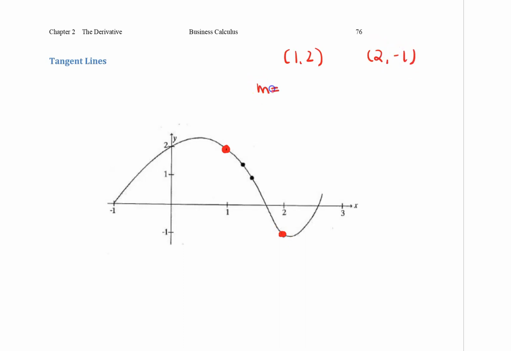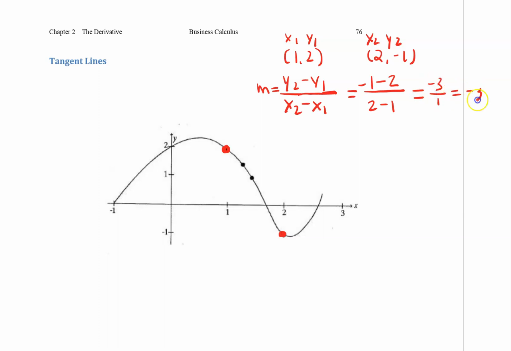If you go back to what you know about slope, this is y2 minus y1 over x2 minus x1. Here would be x1, y1, x2, y2. Plugging into my slope formula, this gives me negative 1 minus 2 all over 2 minus 1. Finishing the arithmetic, that gives you negative 3 over 1, so just negative 3. So if I were to create a line between these 2 points, it would have a slope of negative 3.